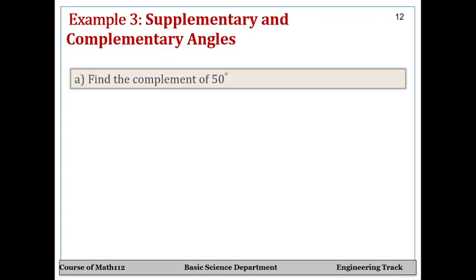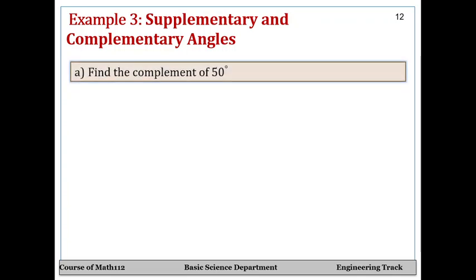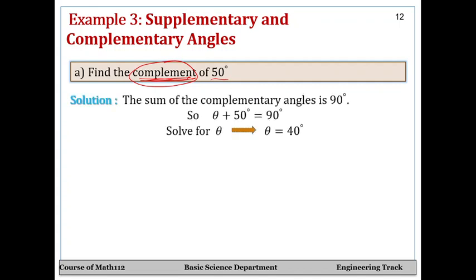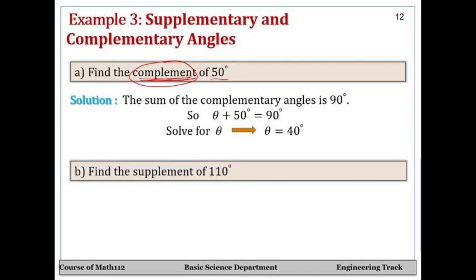Now let's do some examples. Find the complement of 50. Remember that when you say complement, it means the angle completing the other angle to 90 degrees. So it's 90 minus 50, which is 40 degrees. And what's the supplement of 110? Supplement means it's completing the angle to 180.